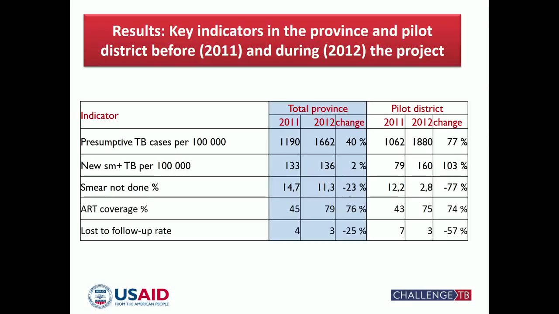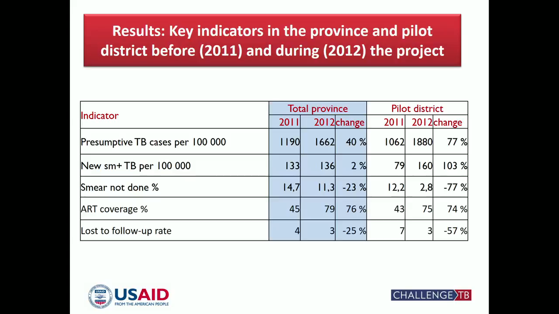So in the district that had full implementation of this, we tried to look at the data before the intervention and after the intervention, and also comparing with what happened in the province. One of the indicators was presumptive TB cases per 100,000, and in the province it increased by 40%, and in the particular district where the pilot was, it increased by 77%.